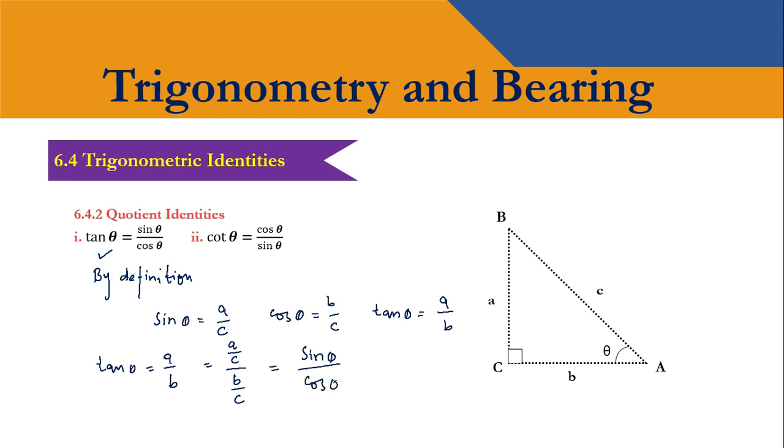So hence the trigonometric ratio tan theta is equal to sine theta over cos theta.